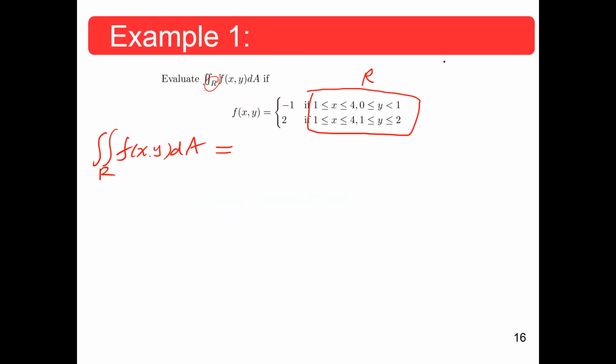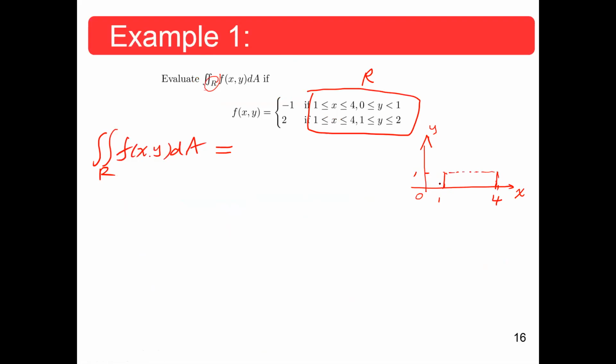Can we sketch this region R in the xy plane? Of course, that should be easy. One part is x between 1 and 4, y between 0 and 1.